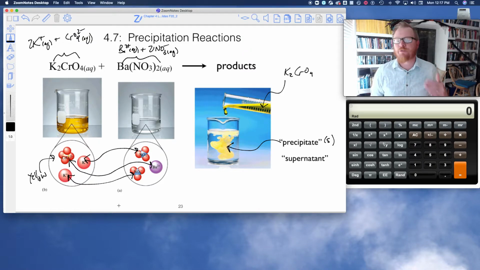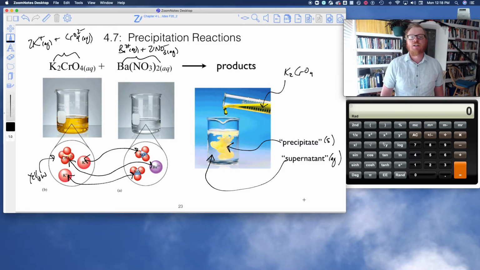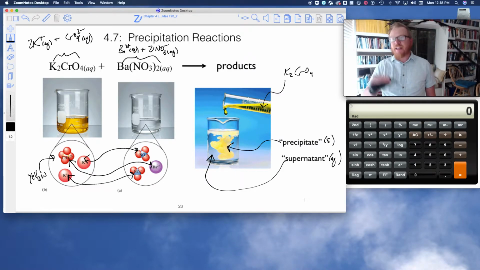What we have to figure out is what is the precipitate, so what is the solid, and what is in the supernatant. The supernatant represents the solution that's surrounding the precipitate, and that supernatant will contain the aqueous spectator ions. So how do we know which one is the solid?